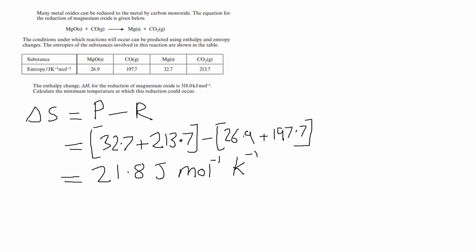So it's a positive entropy change, ever so slightly positive. And then we need to divide this by 1,000, which comes out as 0.0218 kilojoules per mole per Kelvin.